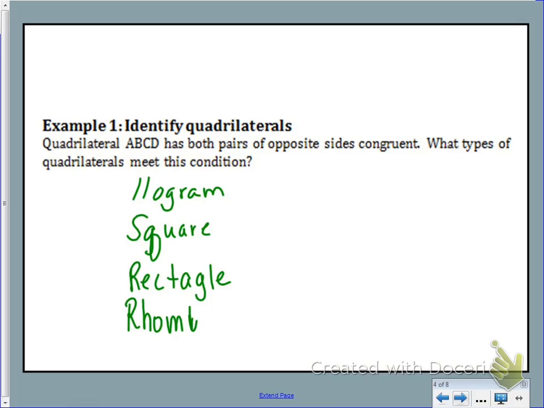A kite has two pairs of consecutive sides congruent, but not opposite sides. And a trapezoid does not have opposite sides congruent, so that would not fit. So just these four would be the specific quadrilaterals that have both pairs of opposite sides congruent.